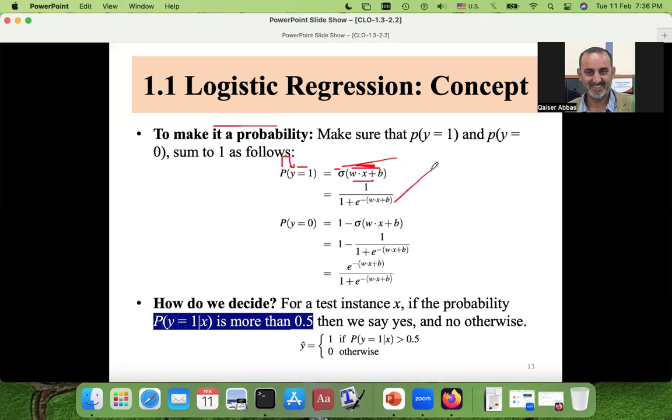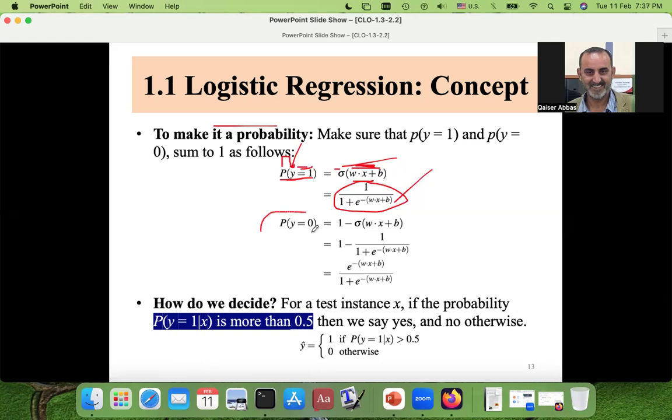We are just expanding or opening the z into w dot x plus b, nothing else, by using that equation. Clear? So mathematically, this will give us the probability value if we are going to predict our class as 1.